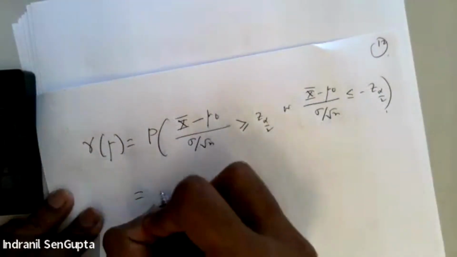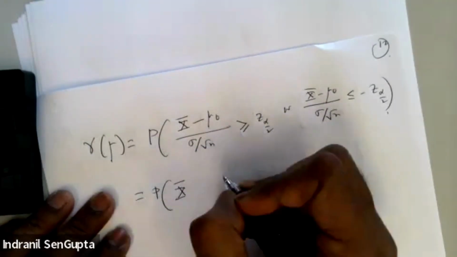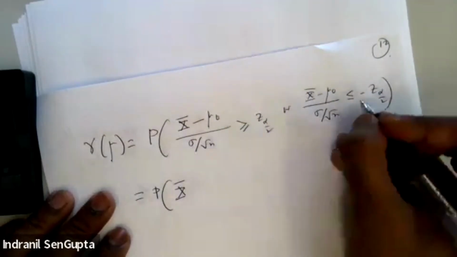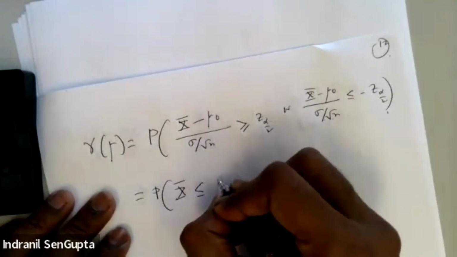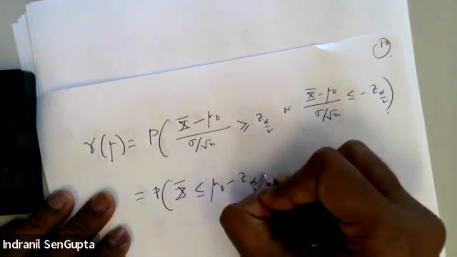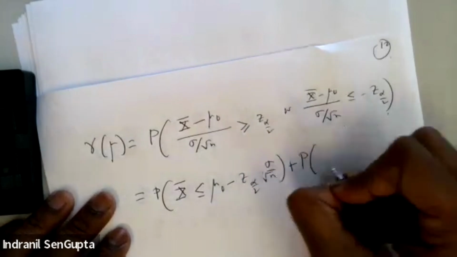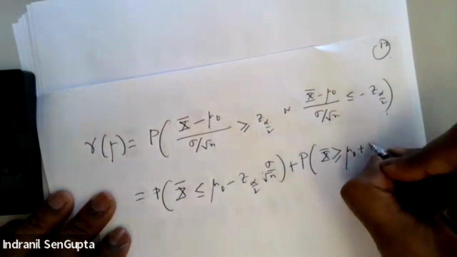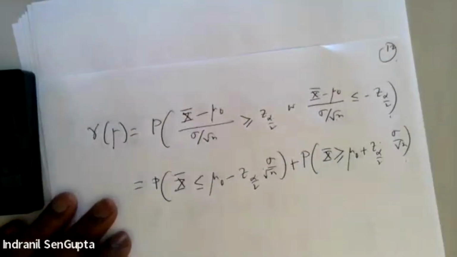If you simplify this, it's the probability of x bar less than mu sub 0 minus z of alpha over 2 sigma over square root of n, plus the probability of x bar bigger than mu sub 0 plus z of alpha over 2 sigma over square root of n.